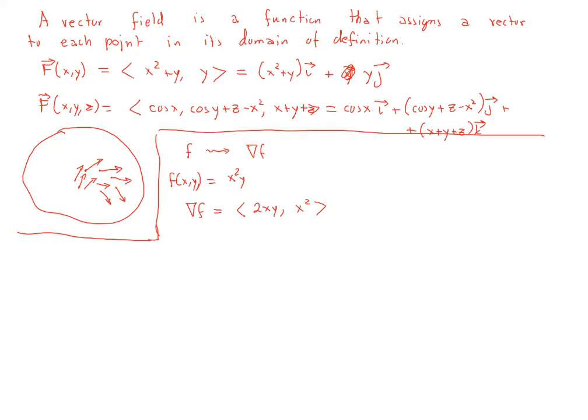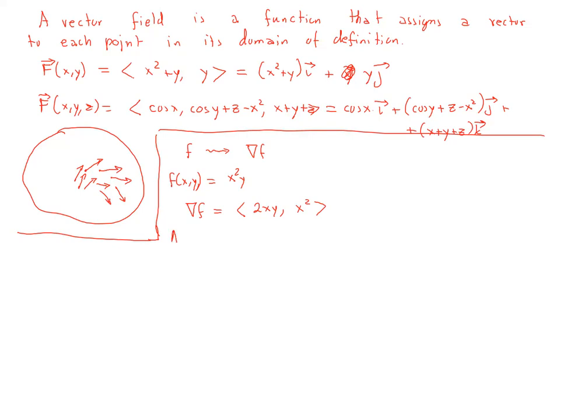And in some cases, the vector field comes before the function. So we have a vector field that is useful to us, and then we realize that it happens to be the gradient of a function. So in order to lose the dependence on the initial function, we call such a vector field a conservative vector field.